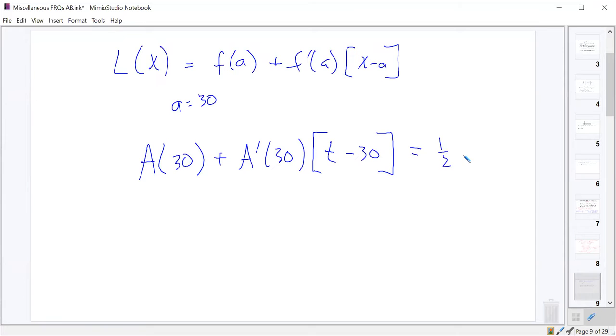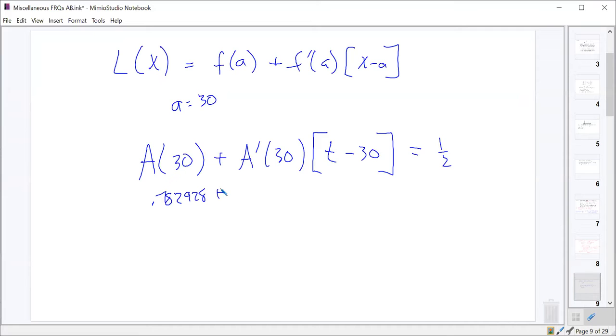1/2. And so then we will just use our calculator to solve this. We can find the value of A of 30. In fact, I think we already found it in part A. I don't know what it was offhand. It looks like it was 0.782928.